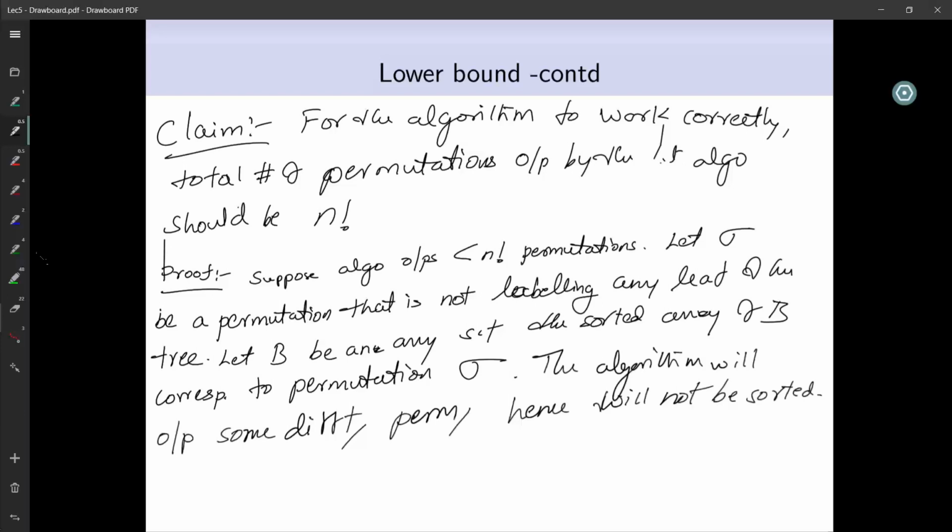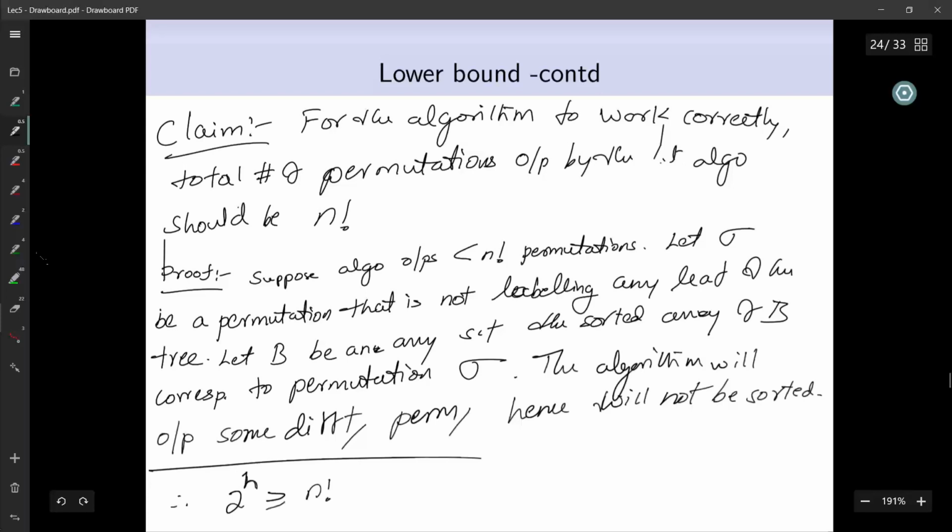Therefore 2 power h is at least n factorial, so h is at least log of n factorial. This is approximately omega n log n.